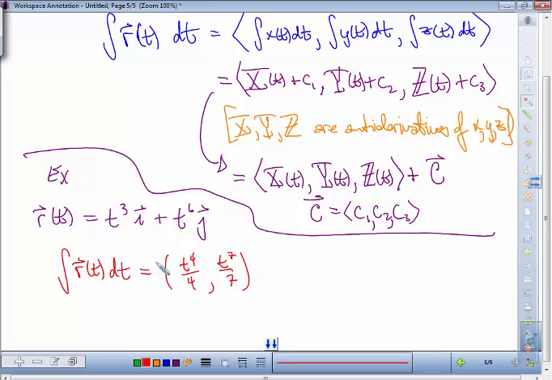And I can decide to put the plus c within the parentheses here, or I can just say plus c1, c2, whatever's convenient. I guess I'll write it both ways: t to the fourth over 4 plus c1, t to the seventh over 7 plus c2.